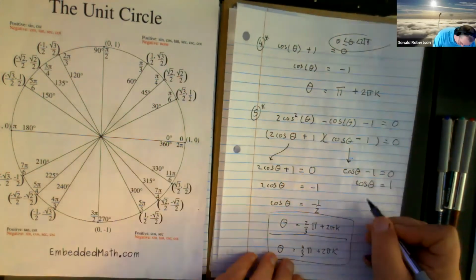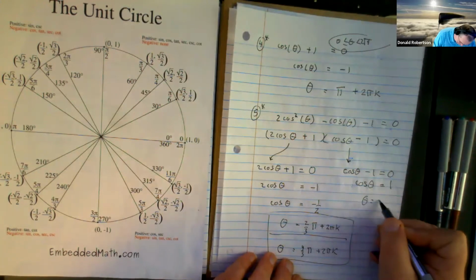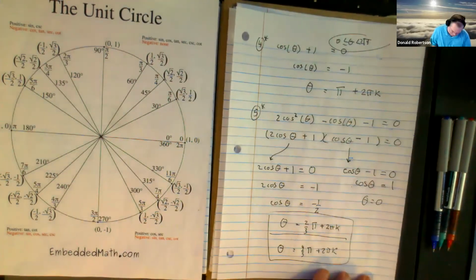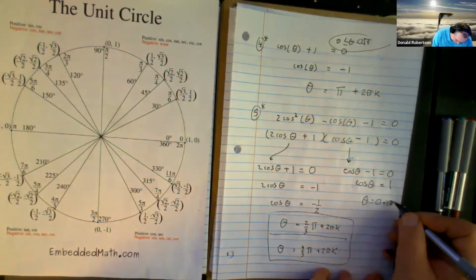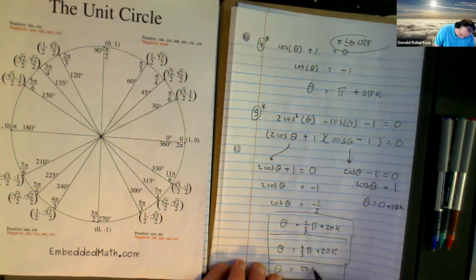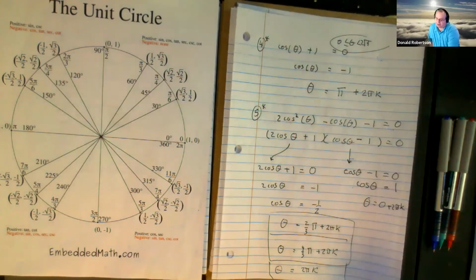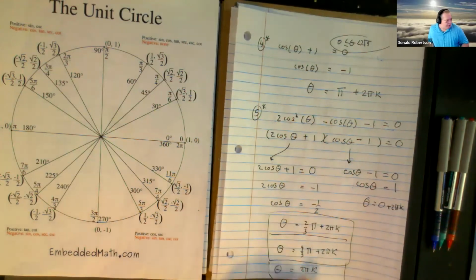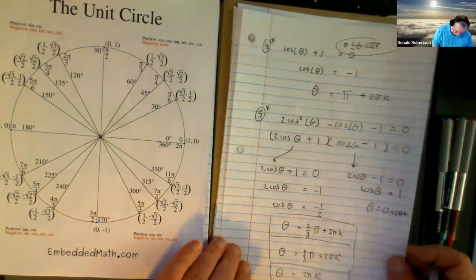So I have an angle of 0 plus 2 pi k. And when I add it onto my list, you don't write the 0 because there's no point. You know, 0 plus 2 pi k is just 2 pi k. And those 3 guys count as my solutions.